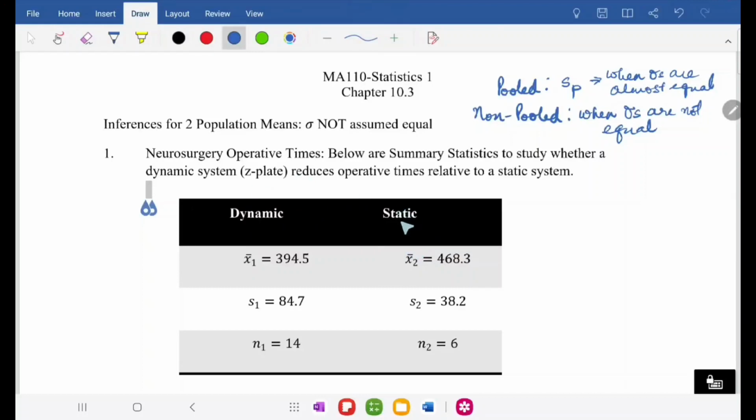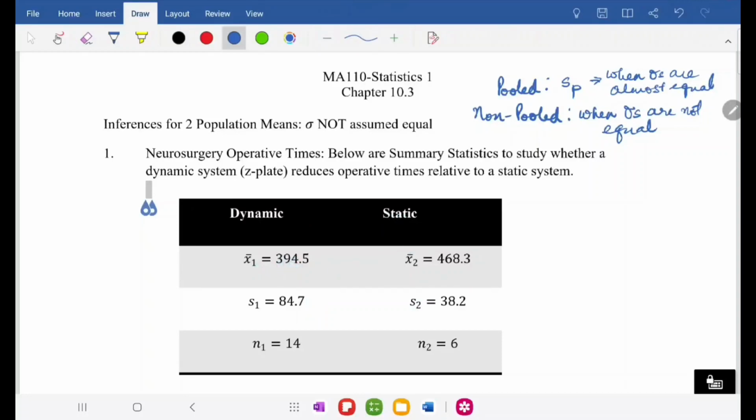And what we wanted to conclude is whether the mean times for the surgery used by the two different methods are the same or different, or if one is less than the other, and so on.